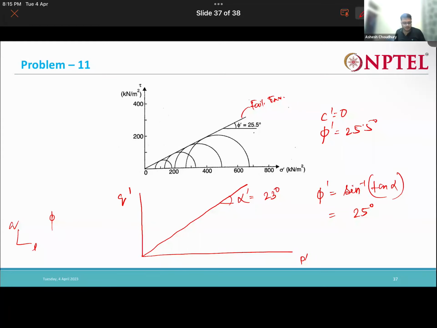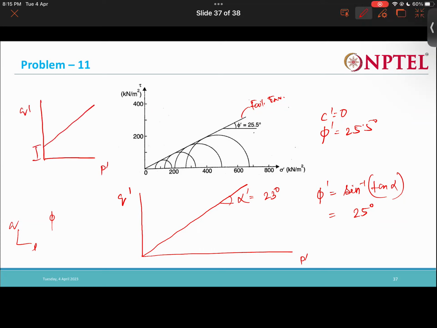And one more thing I wanted to tell you: when you are plotting this P dash and Q dash, say you get some intercept A. From A, how can you determine the cohesion?